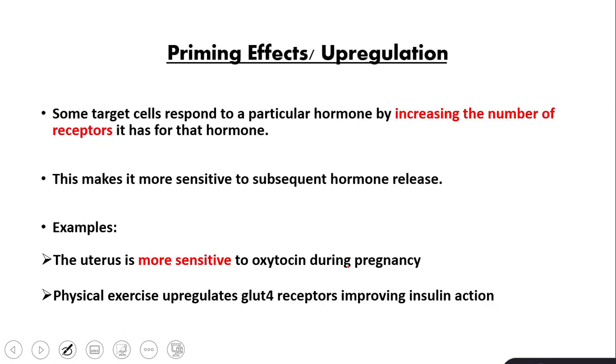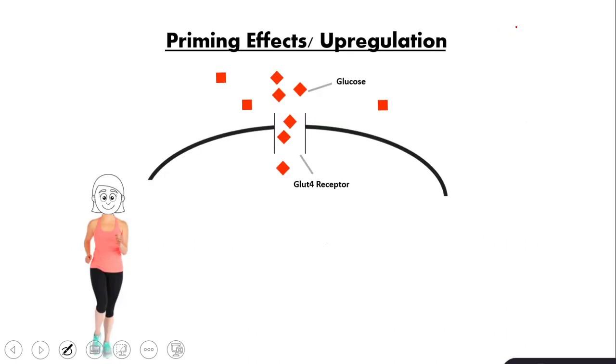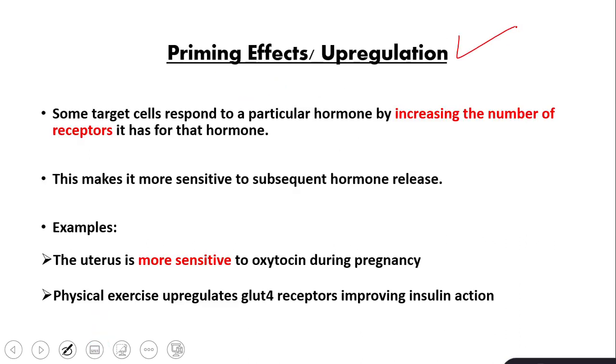Let's do two important terminologies. Upregulation and down regulation. So in upregulation, the target cell increases the number of receptors specific to one hormone.